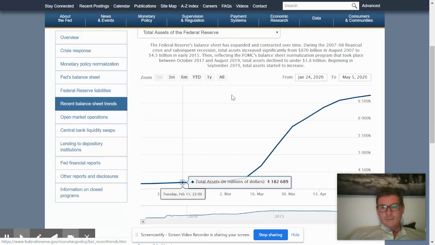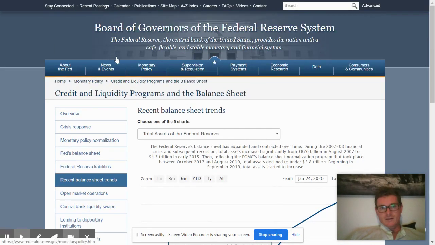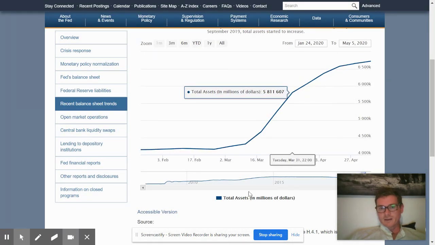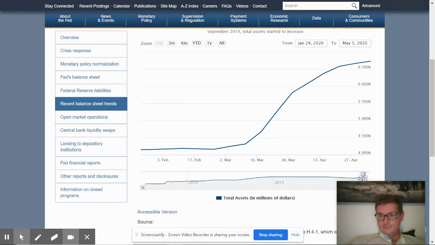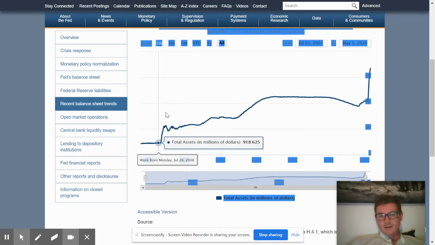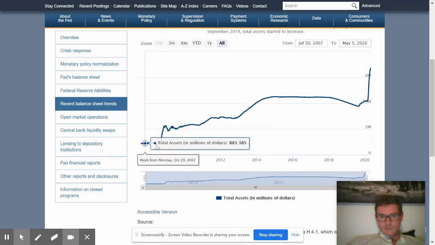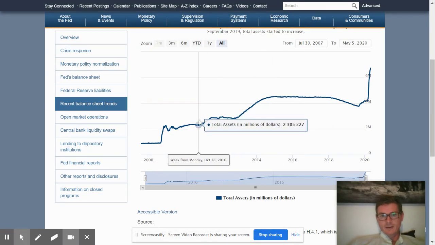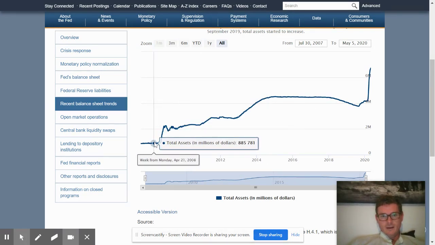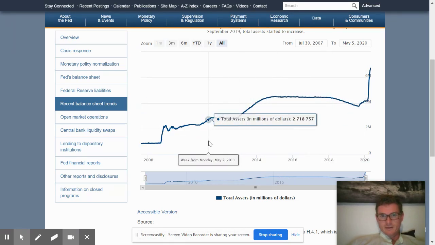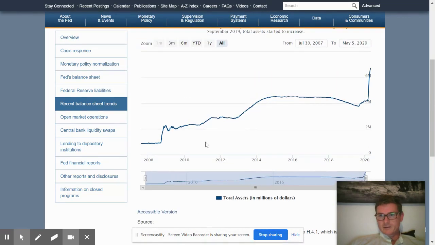And this is the Federal Reserve website, and this is their current balance sheet. Let me pull this guy. So prior to the financial crisis, this is 2008, and the Fed balance sheet was, where are the numbers here?